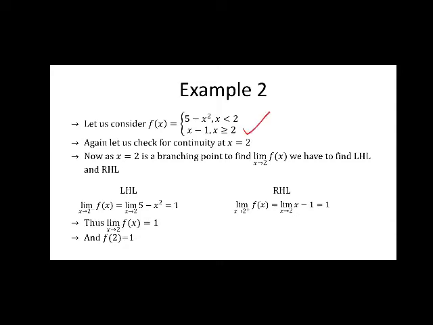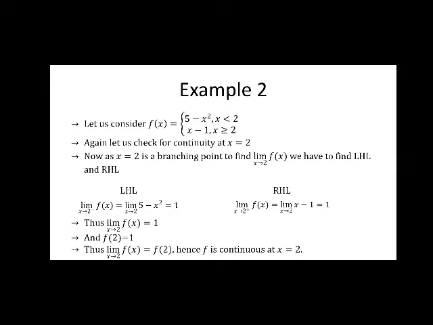So if we put 2 here, 2 minus 1 is 1. So the functional value at x equals 2 is also 1. So the limiting value and the functional value both match, and hence I can say that the function is continuous at x equals 2.